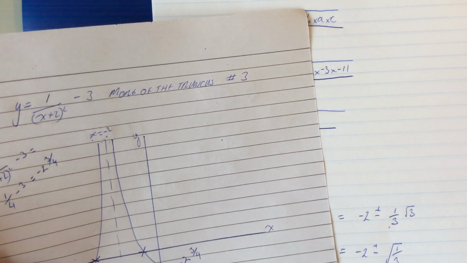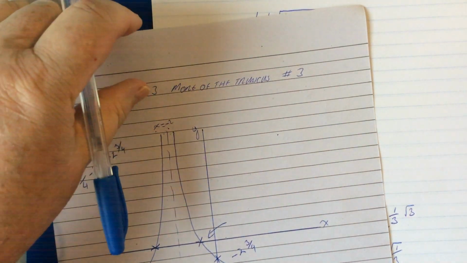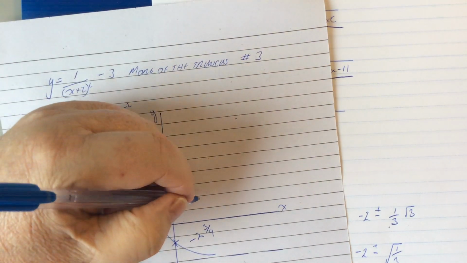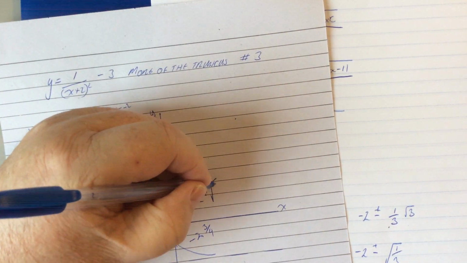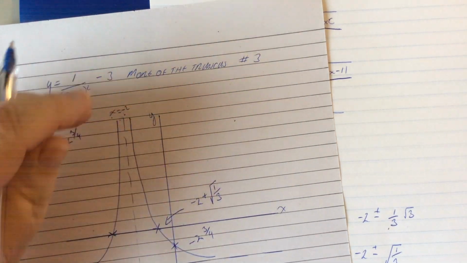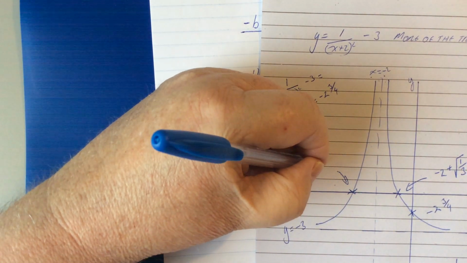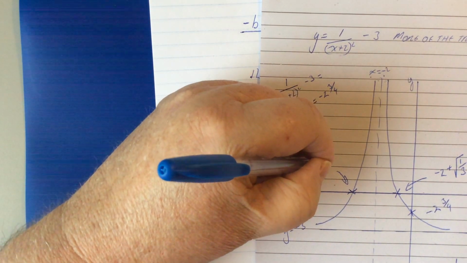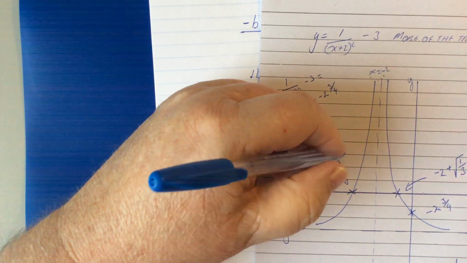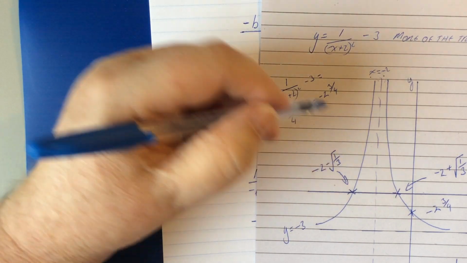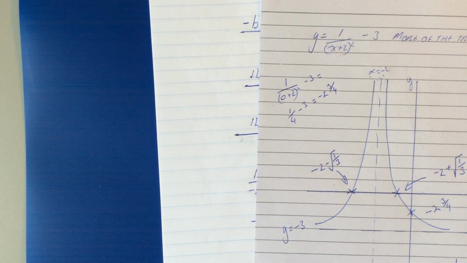Well, it means that this value in here is negative 2 plus root 1 over 3, and that this value in here is negative 2 minus root 1 over 3. Or you could just write 1 over root 3 if you wanted to. It's up to you. It's just another way of putting it.